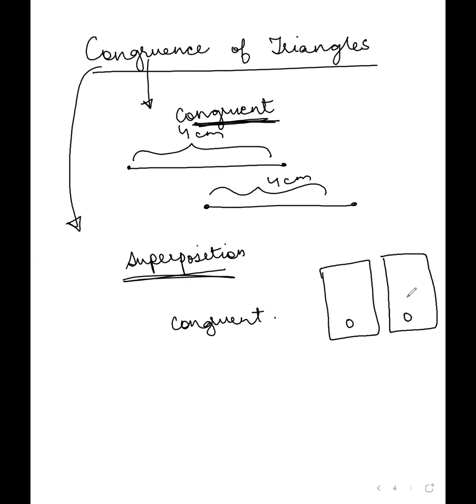Their color could be different, their internal settings could be different, but their physical shape and size are the same. They are equal, or in mathematical terms, they are congruent.